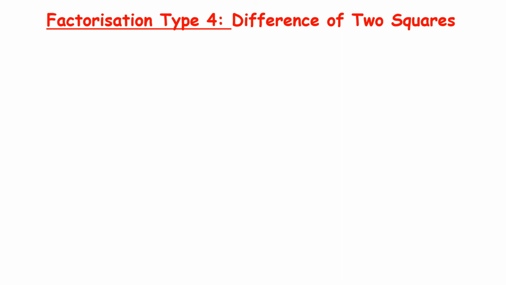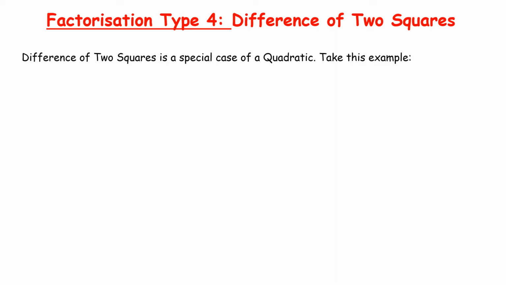So our last type of factorization, factorization type 4, is difference of two squares. Unlike the other three types of factorization, this is quite a standalone type of factorization. I personally think it's the easiest, but we're going to work through it and see where it comes from.